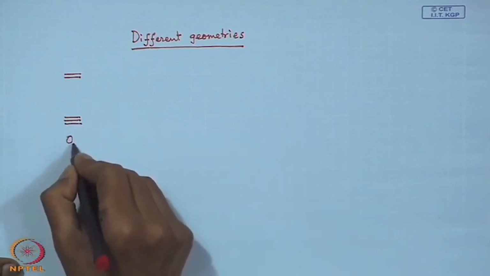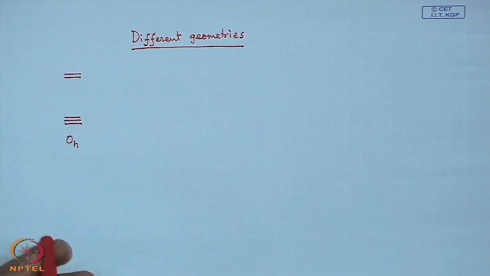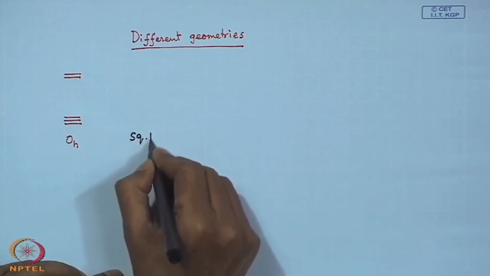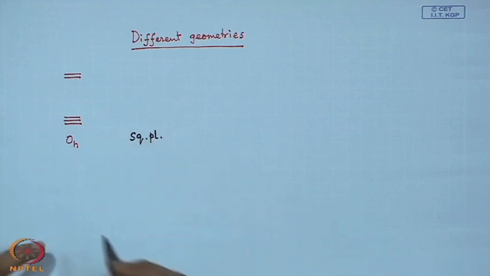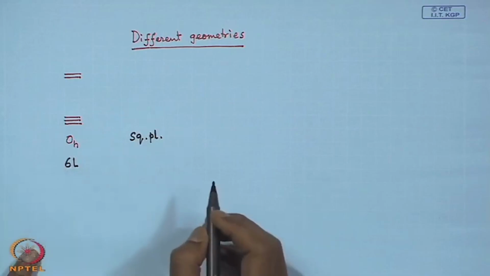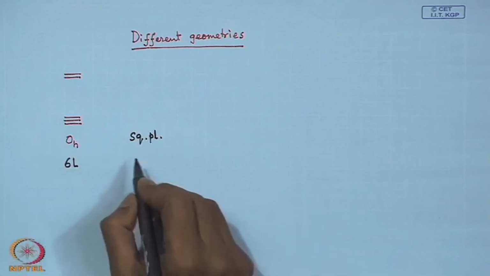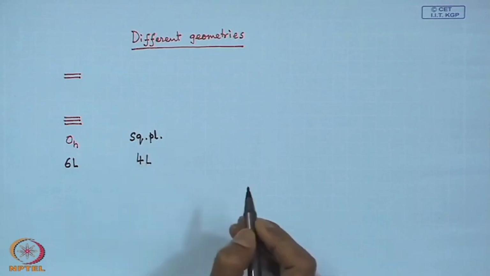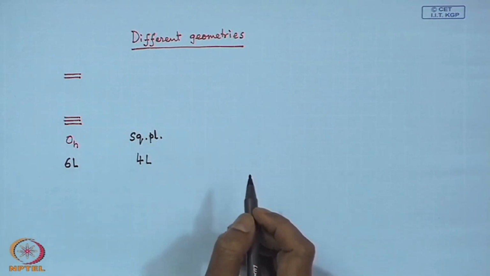So if we have an octahedral crystal field, and if we move to a square planar one, we all know that this is obtained by putting 6 ligands around the metal center, and this by putting 4 ligands around the metal center.